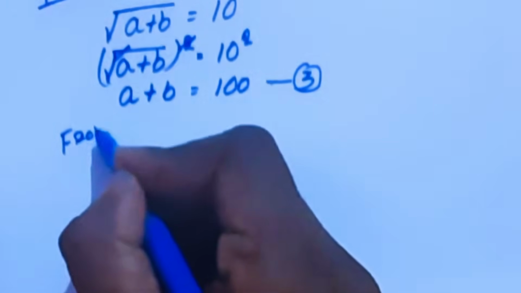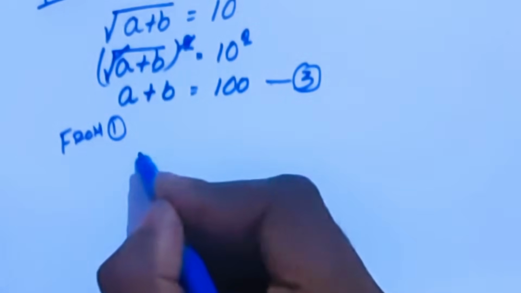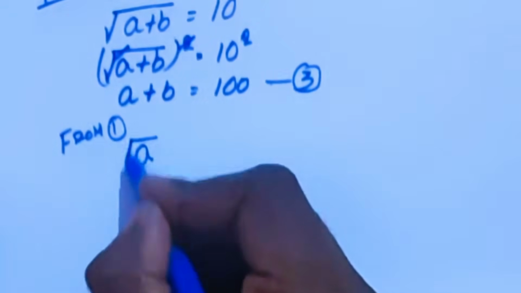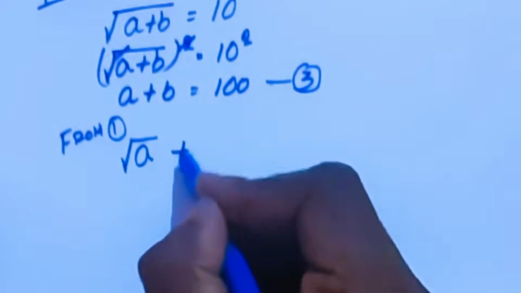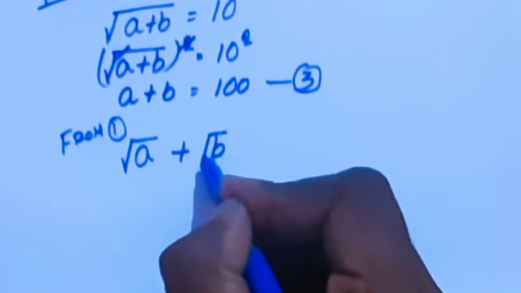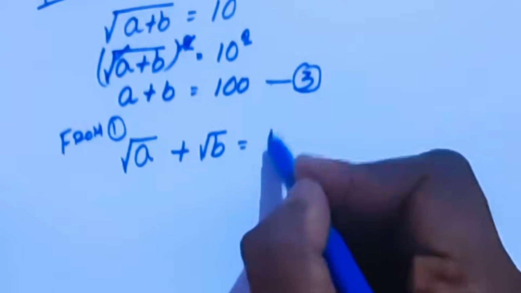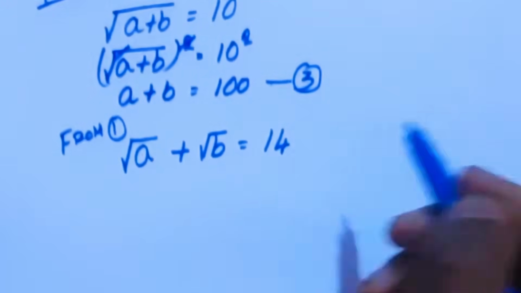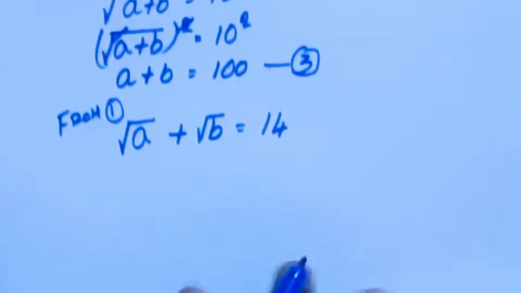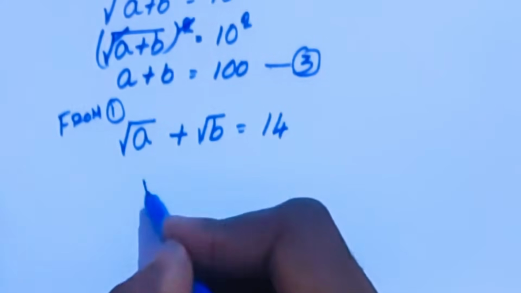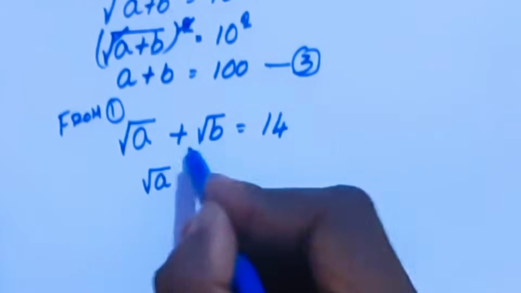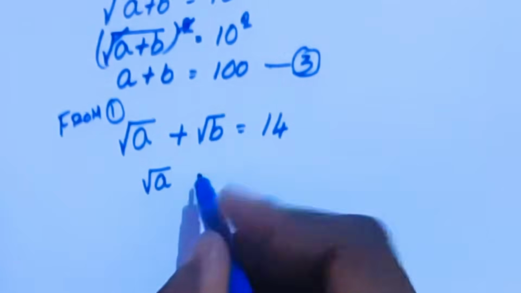Now from equation 1, square root of a plus square root of b equal to 14. Now we are going to keep this square root of a on the left hand side and move this square root of b to the right hand side.